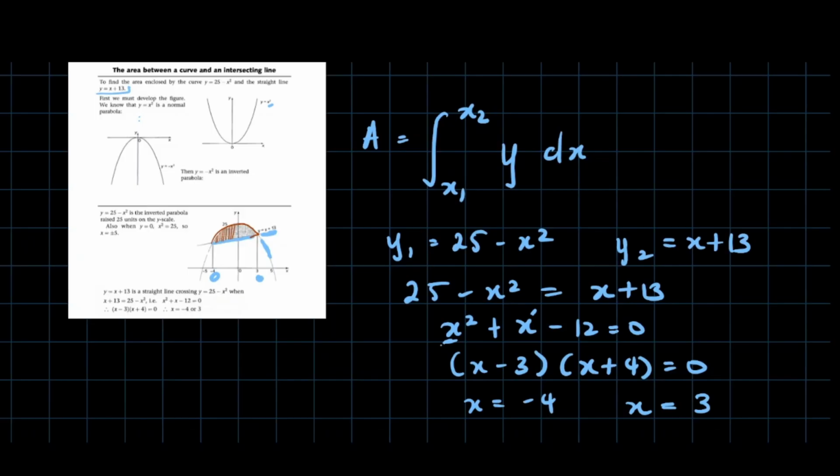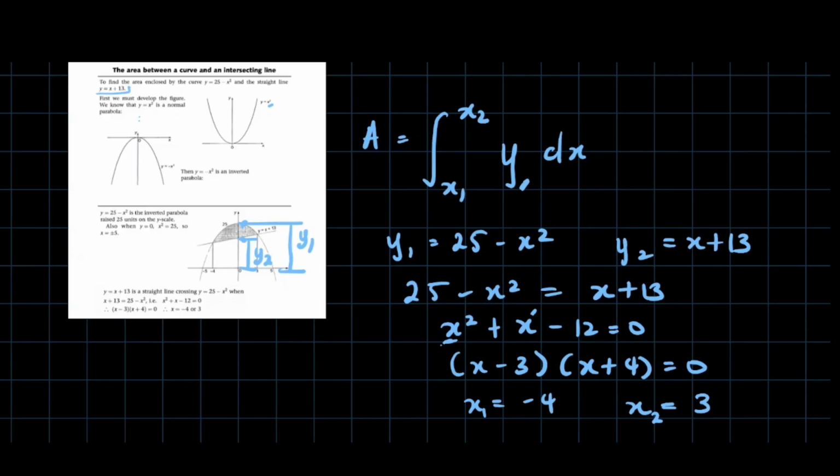Now we have found our x1 and x2. Now for y, remember I told you y is like the height. If you know y1 and you know y2, as basic math, if you know from here to here and from here to here, to find the difference you just do the top minus the bottom. So the height will simply be y1 minus y2.